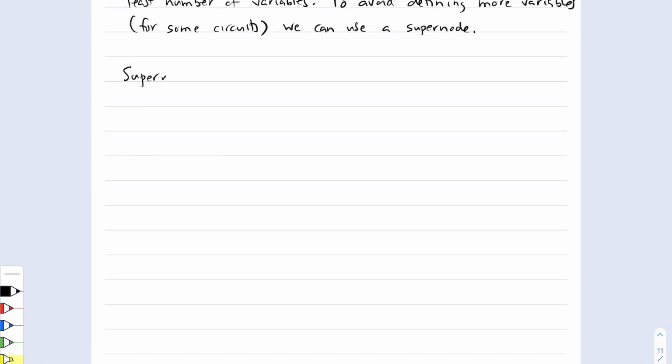Now let's go ahead and define what a supernode is and what to look out for, and I'll show you why you need to look out for this. A supernode is used when using the node voltage method, and only the node voltage method.